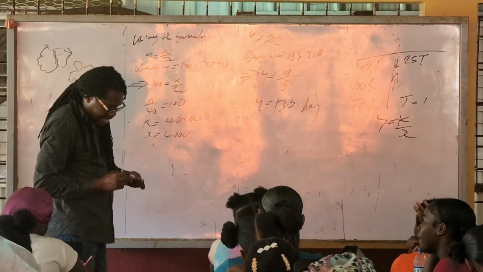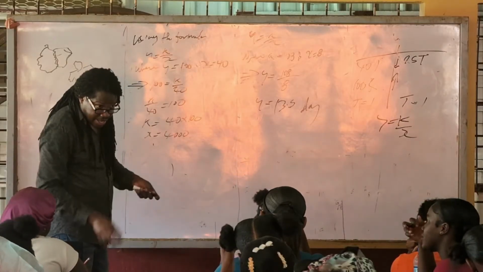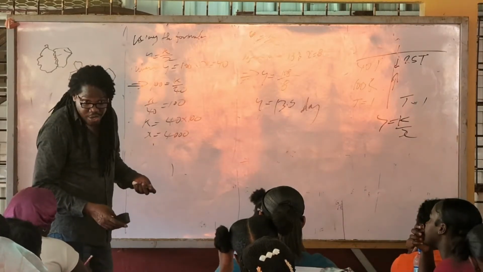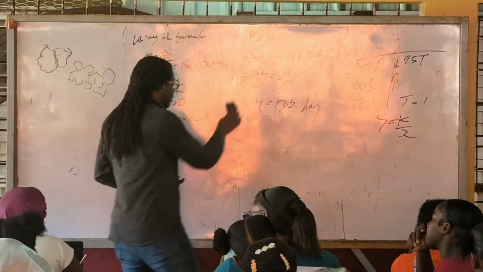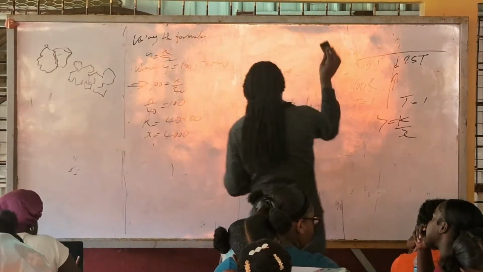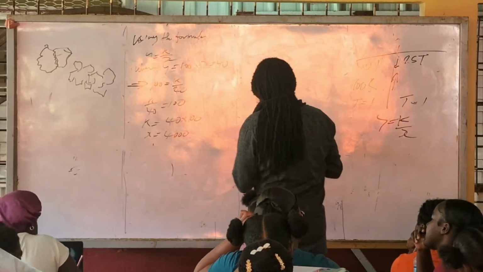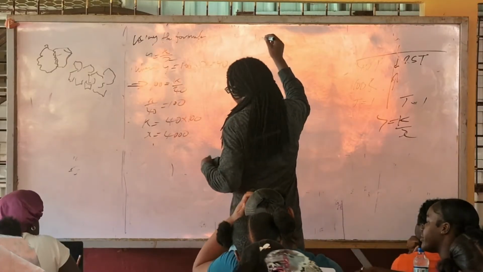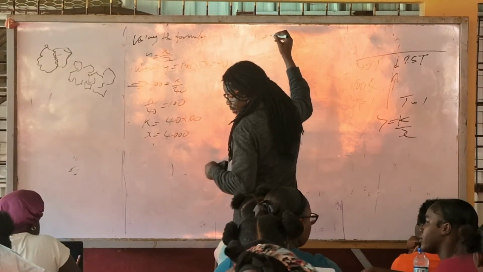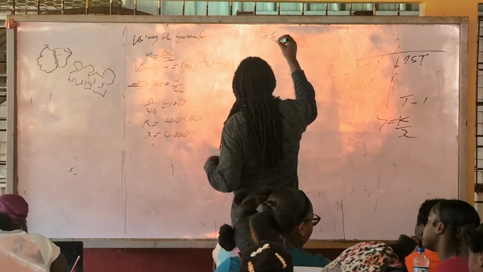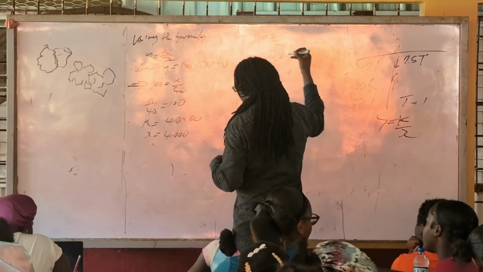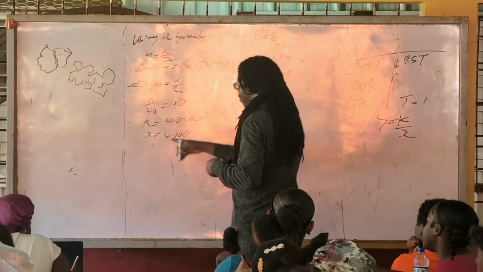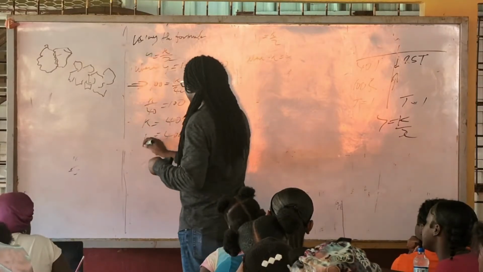Now that we know k, notice that all the questions will just sound hard, but nothing is different. y equals k over x, where k equals 4,000.